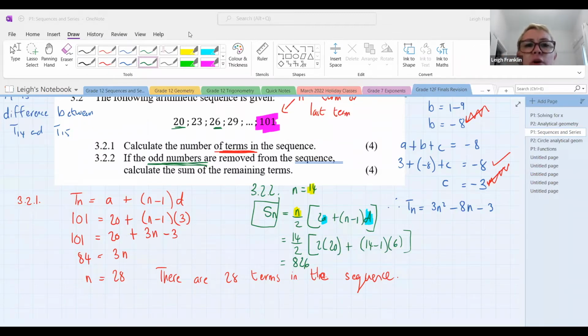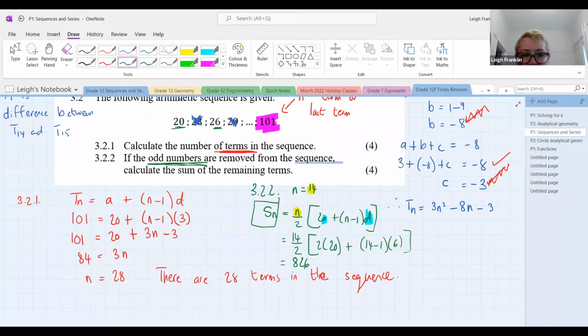I see somebody else has got a hand up. Who did I miss? Bonolo, go for it. Ma'am, why is the difference 6? Okay, Bonolo, no problem. I understand why this is confusing. Remember, the question says we are taking out the odd numbers. So that means 23 is not there anymore, and 29 is not there anymore.